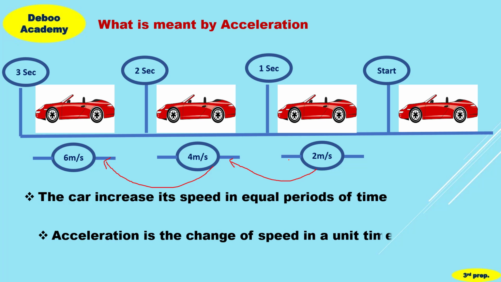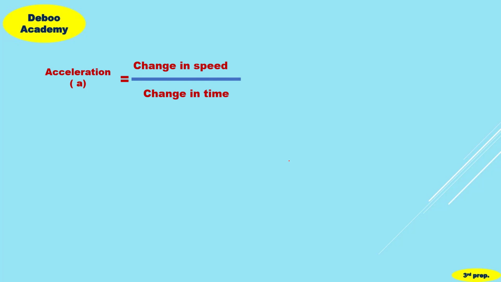So the acceleration is the change of speed in a unit time. The change in speed is called acceleration, while the change in distance is called speed. Now acceleration A equals change in speed divided by change in time.